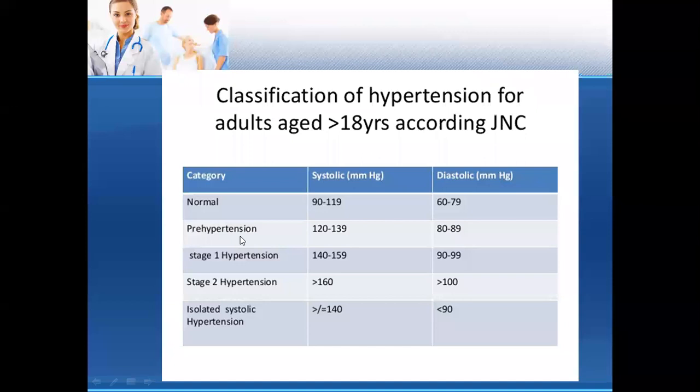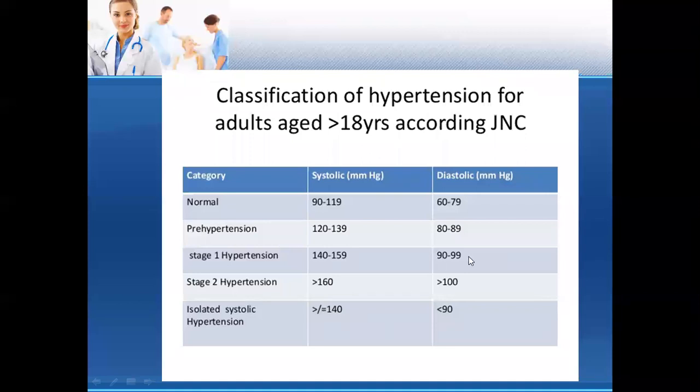We say our patient is pre-hypertensive when the systolic blood pressure is more than 120 or up to 139, and the diastolic is more than 89.